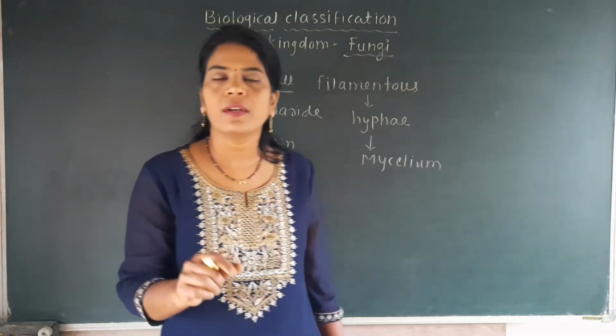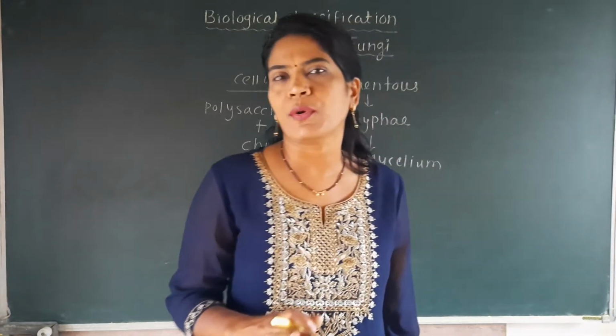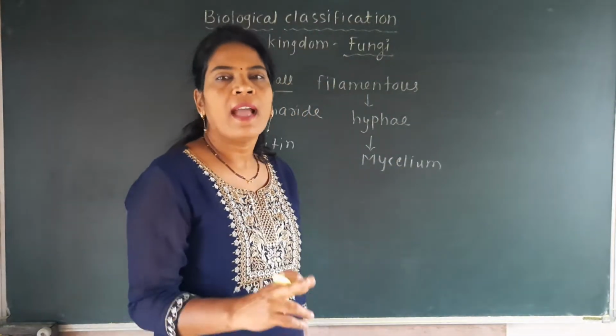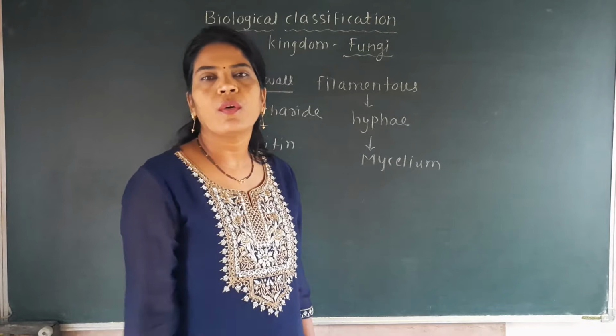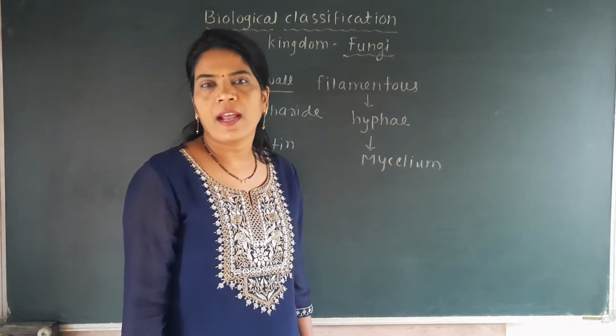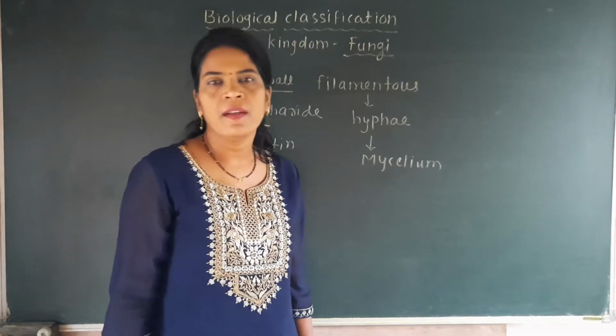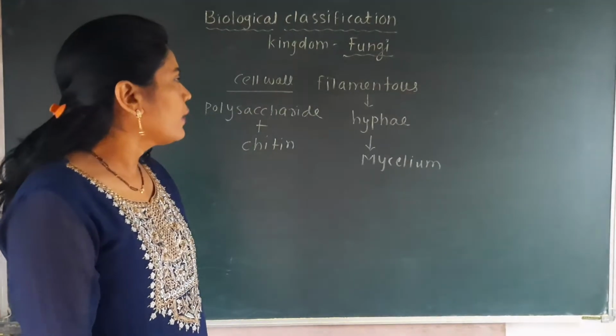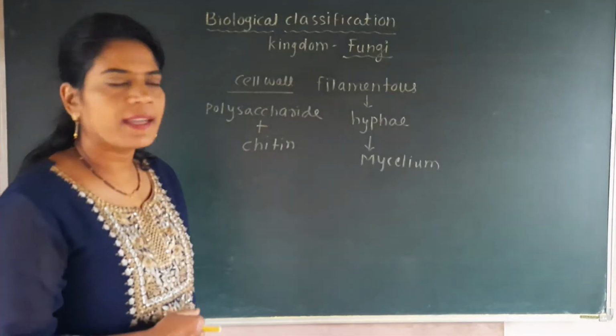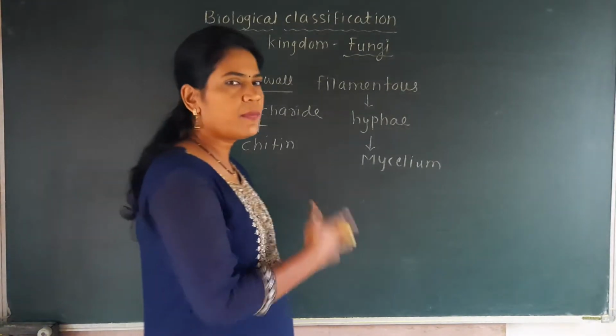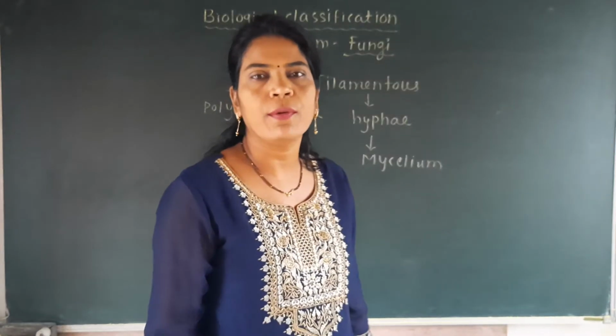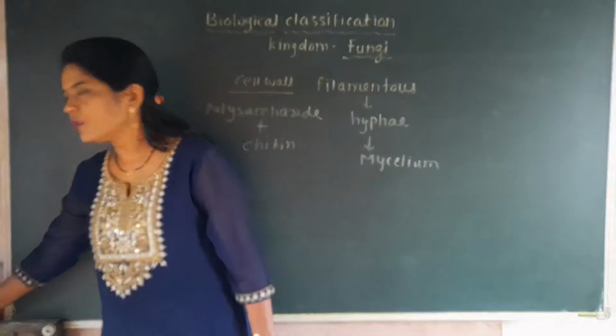So this composition of the cell wall is very important. So the cell wall is made up of polysaccharide and chitin. The body is filamentous, made up of hyphae. Hyphae together form the mycelium structure.